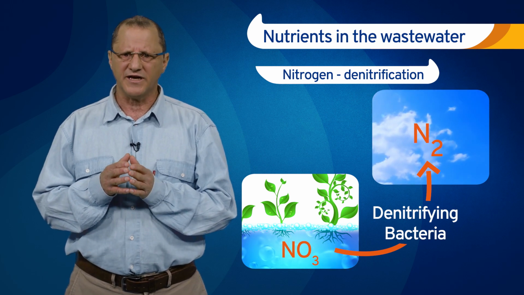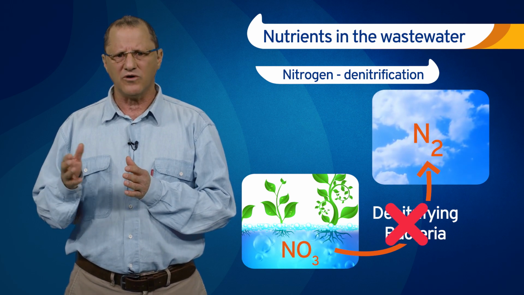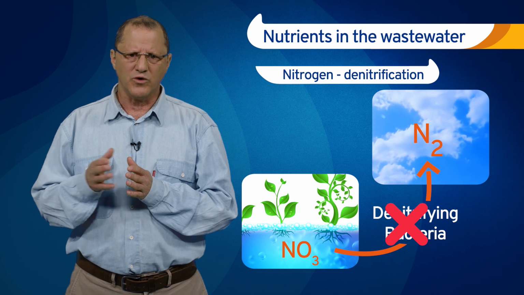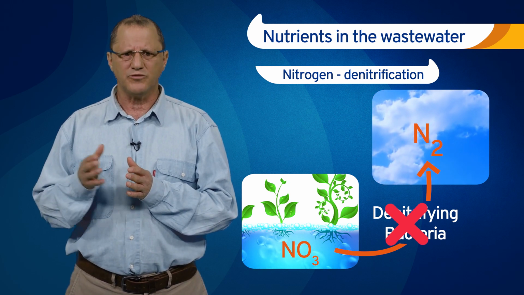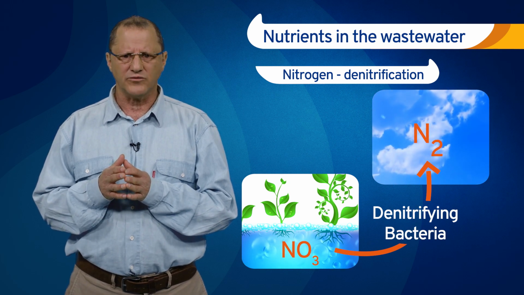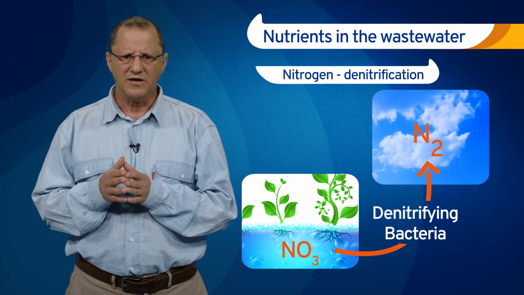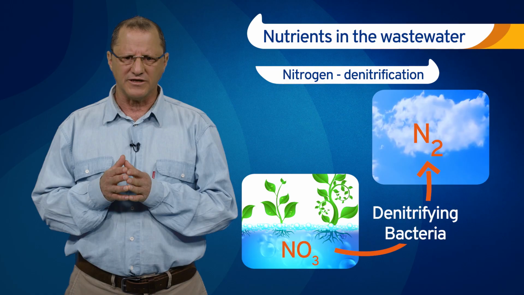It is clear that if we want to save the nitrogen in the water, we should try to avoid denitrification, whereas if we want to remove the nitrogen from the water, we should pursue it. There are several other reactions that are related to the nitrogen cycle, which are quite complex, but they are beyond the scope of this presentation.